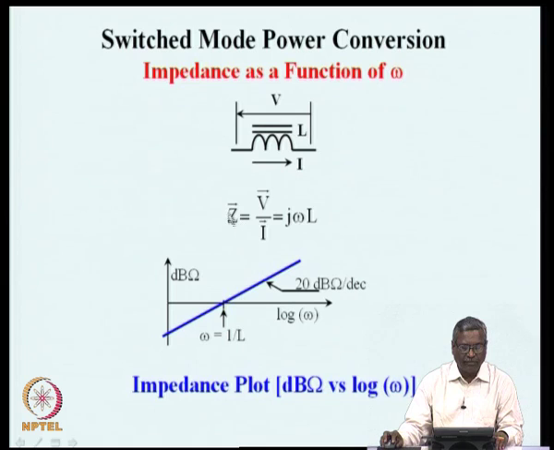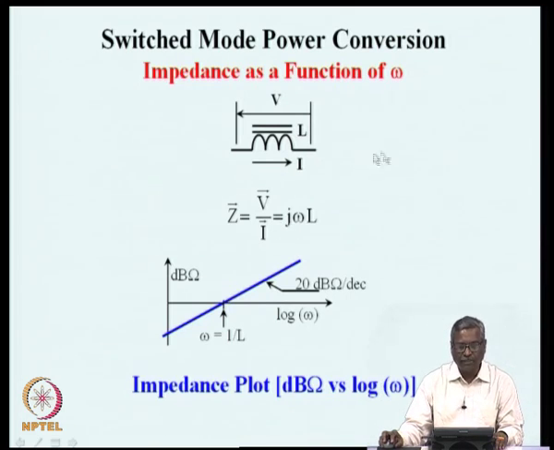We might define the impedance of this inductor as the ratio of the voltage vector and the current vector, and it is a complex quantity which is j omega L if inductance value is L, and if we are considering a frequency of interest which is omega, then this impedance is j omega L, where this omega L is the operating part of the inductance, which will give the ratio of the magnitude of the voltage to the magnitude of the current, and this j is related to the phase displacement.